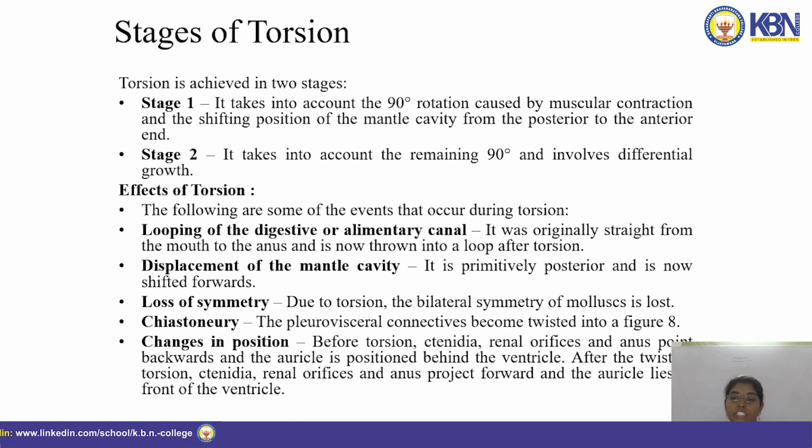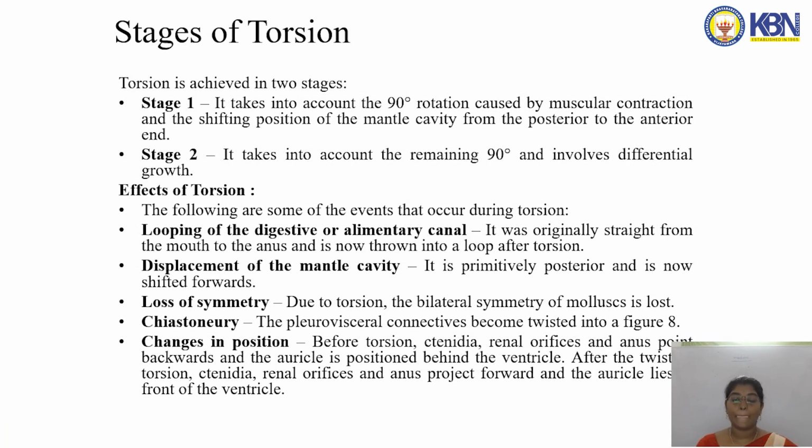It is primitively posterior and is now shifted forwards. Third one, loss of symmetry. Due to torsion, the bilateral symmetry of molluscs is lost. Fourth one, chiastoneury. The pleurovisceral connectives become twisted.